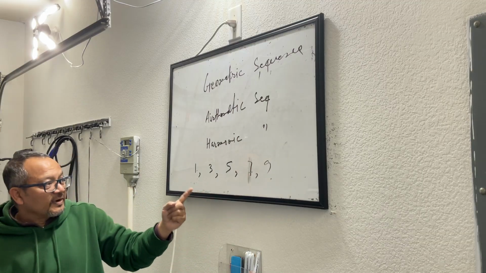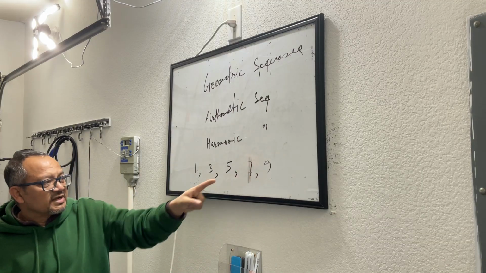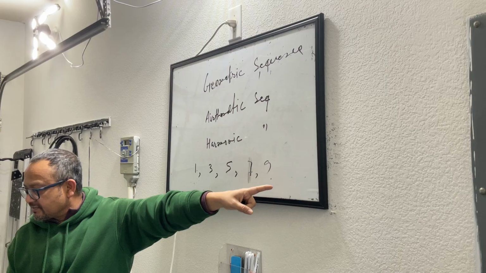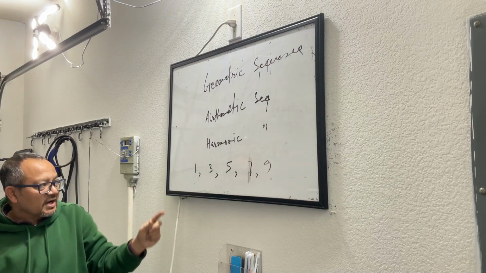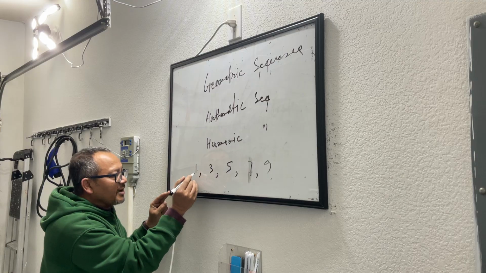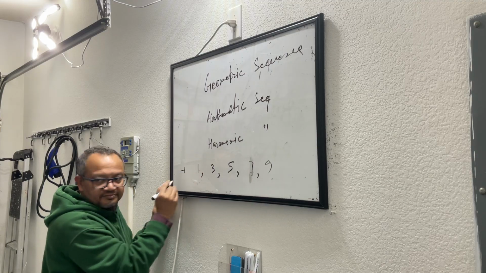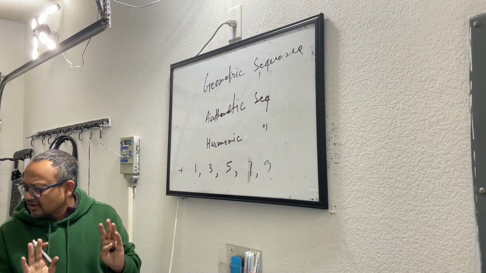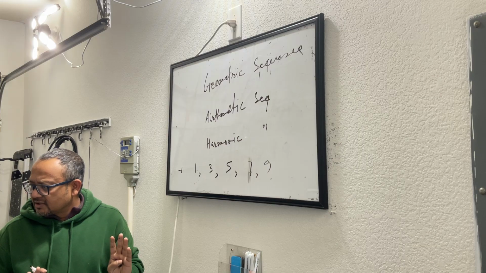So if I ask you to find out the next term in the sequence, you will say it will be 2 more than 9. Okay? If I ask you to find a number before this, you will say 1 minus 2, which will be minus 1.